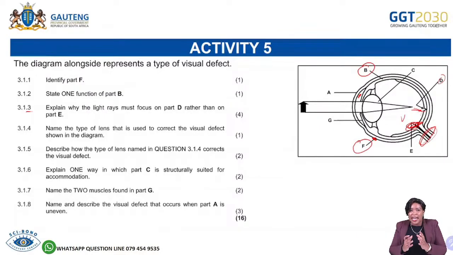So to correct that type of visual defect, you need a biconcave lens. Biconcave lenses will help to diverge the light before it enters the eye to focus the light rays on the retina.